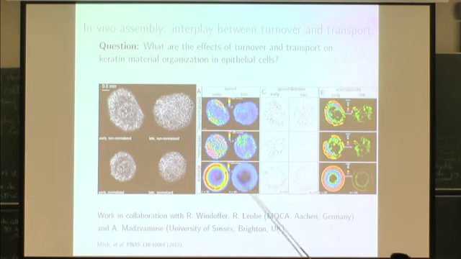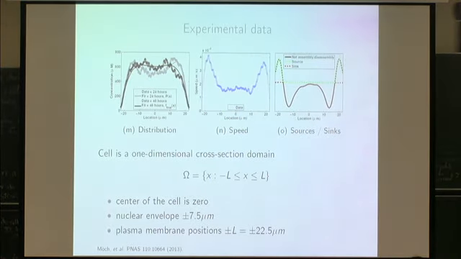We have the speed, the direction of speed, and also some preferential areas of aggregation and disassembly. And here we are going to try to see what are the effects of turnover and transport. So for this work we use this data.